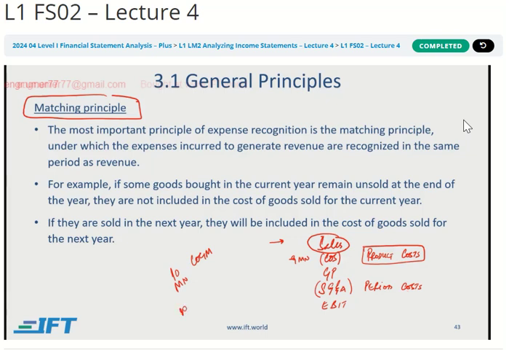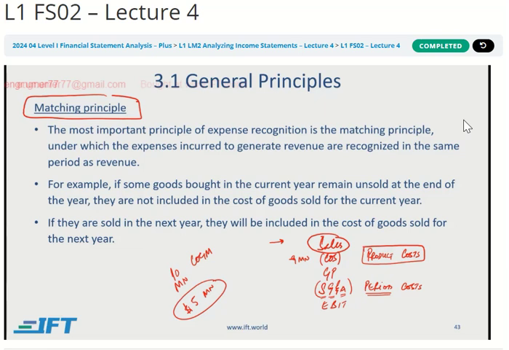So let's say this year selling, general and administrative expenses were 5 million, which is probably going to be your sales staff salary, which is selling expenses, and general and administrative, rent, utilities, whatever. So let's say that is 5 million for this period. That will all be shown in this period because that is for this period.